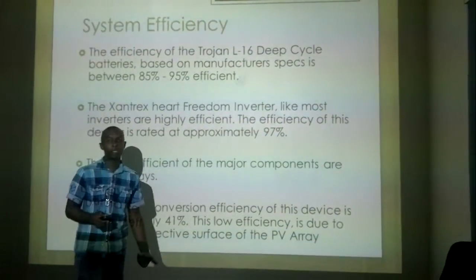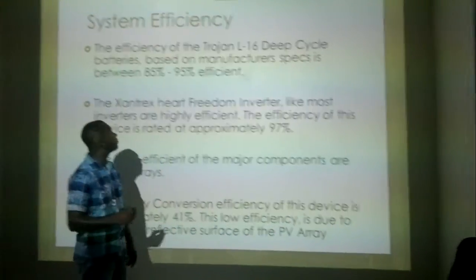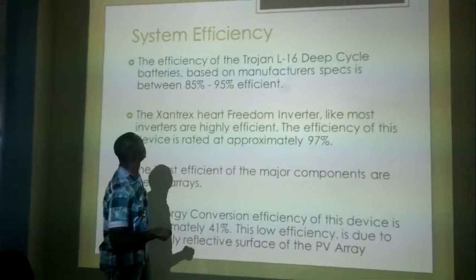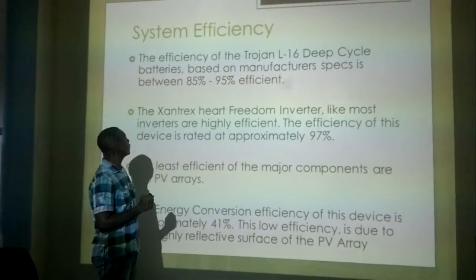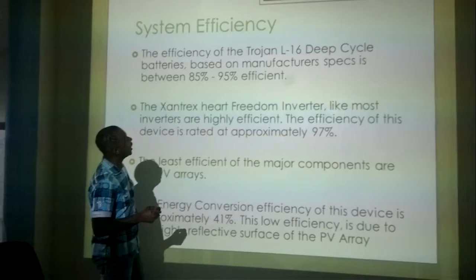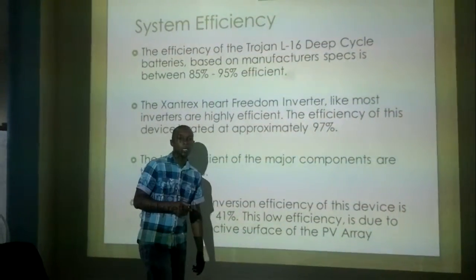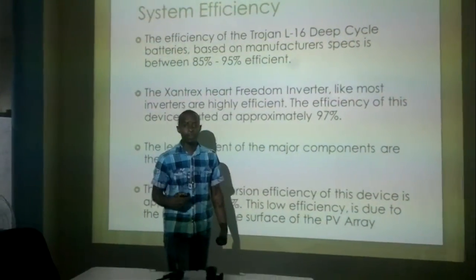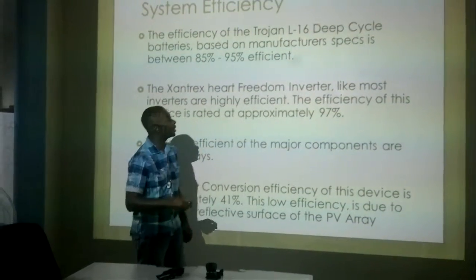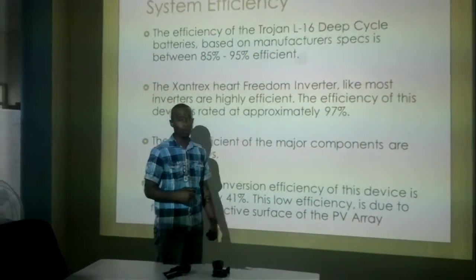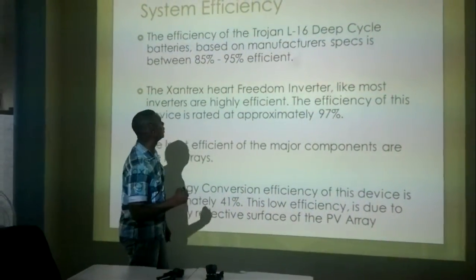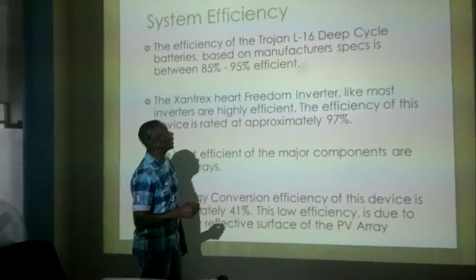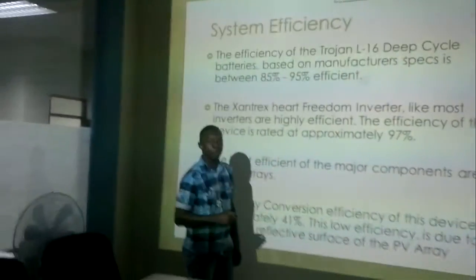For our calculation, we use an optimum value of 95%. The inverter we chose was the Xantrex Hard Freedom inverter. Inverters are generally very efficient. They normally convert most of whatever power comes into them. This inverter is rated at an efficiency of 97%.